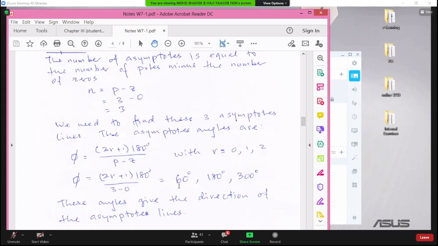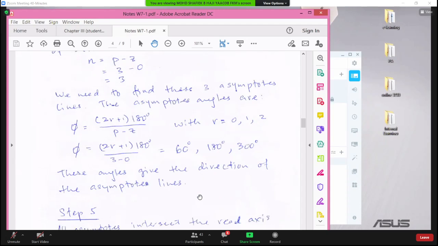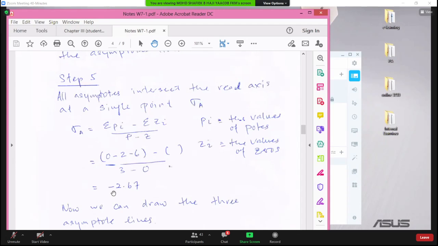Even though we have 3 asymptote angles, we are just going to have 1 intersection of asymptotes. All asymptote lines are going to go through this intersection. You only have 1. So you can now compute the intersection of asymptotes with the real axis. The summation of pi minus the summation of zi. Pi is the value of the pole, which is 0 at the origin, -2, -6.